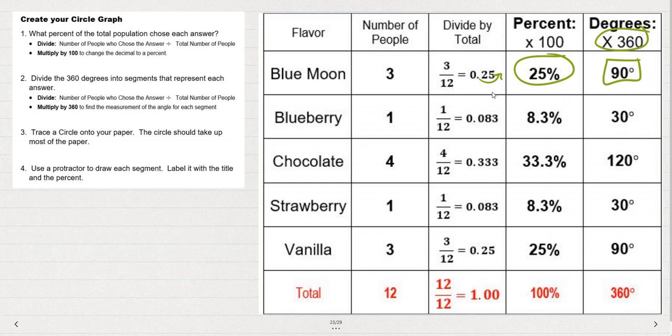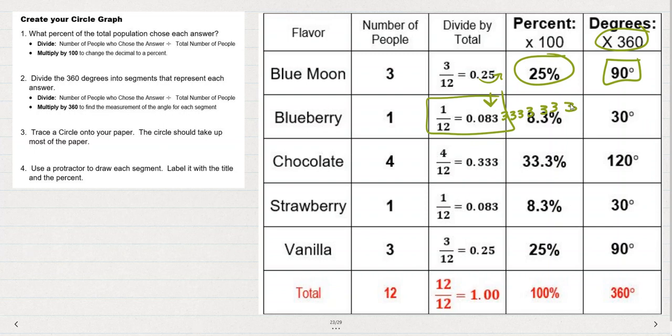Here's what I mean by that. When I do 1 divided by 12, I'm going to actually get 0.08333, and those 3's keep repeating. I'm not going to round that before I multiply by 360.